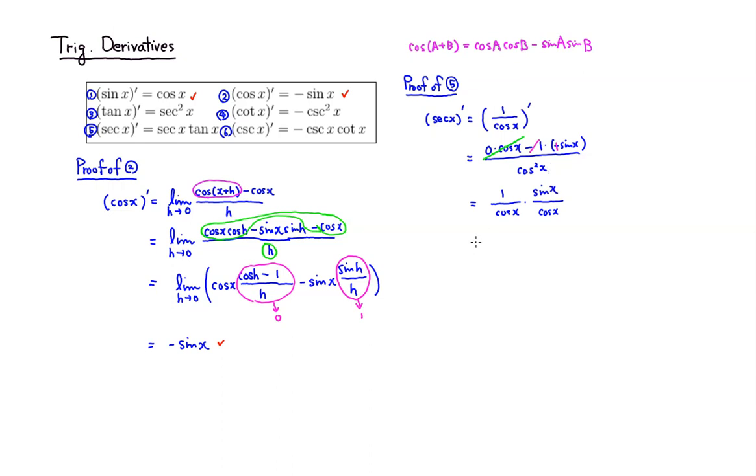Then we are pretty much done. 1 over cosine is secant of x. Sine over cosine is tangent. Which verifies number 5. All the other ones, 3, 4, and 6, can be proven very similarly, and sometimes use a little bit of a trig identity. That's it. I hope that this was clear.